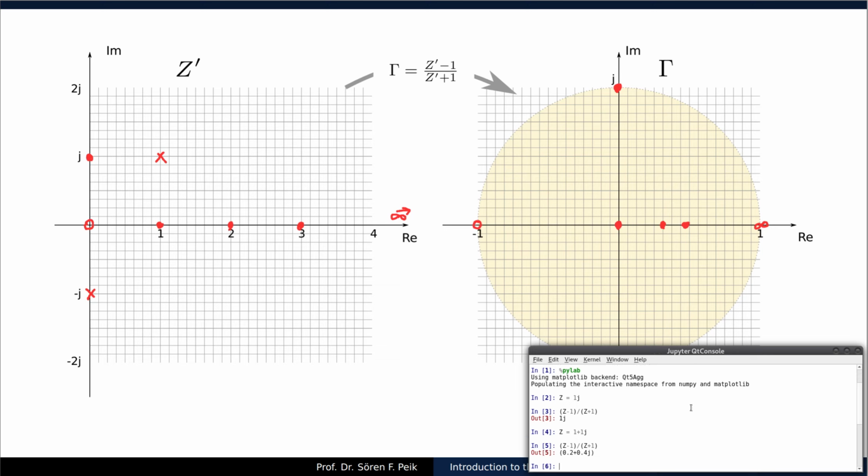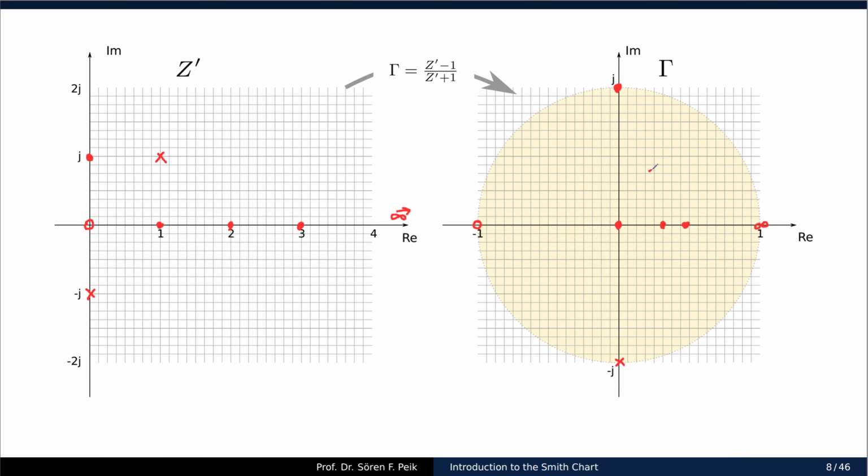Do the calculation again. I get 0.2 and 0.4j. So this point becomes 0.2, which is somewhere here. 1, 2, 3, 4, 5, 6, 7, 8, 9, 10, 11, 12, 13, it's somewhere here. So 0.2 and 0.4 is here. So this point actually goes here.